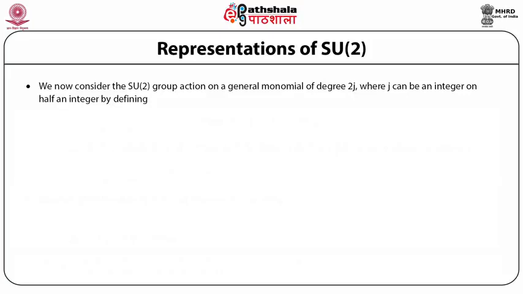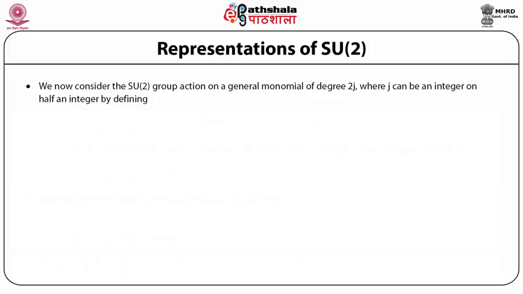By defining a general monomial phi jm equal to 1 upon root of j plus m factorial into j minus m factorial, multiplied by u to the power j plus m, v to the power j minus m.